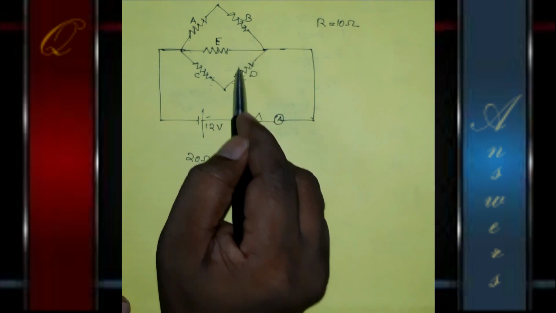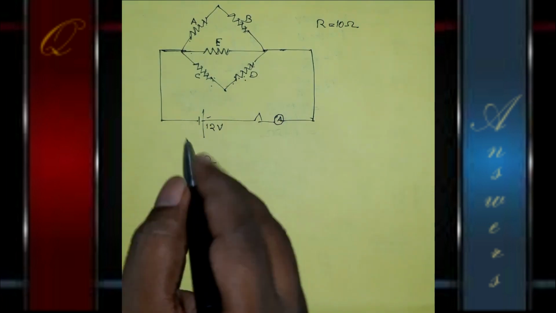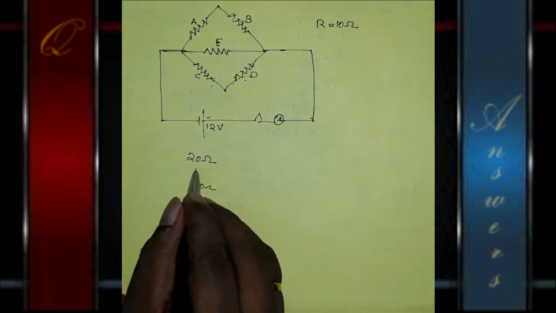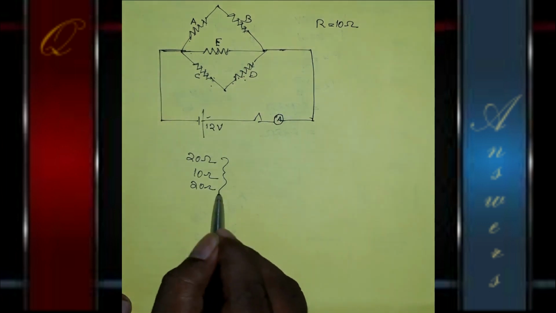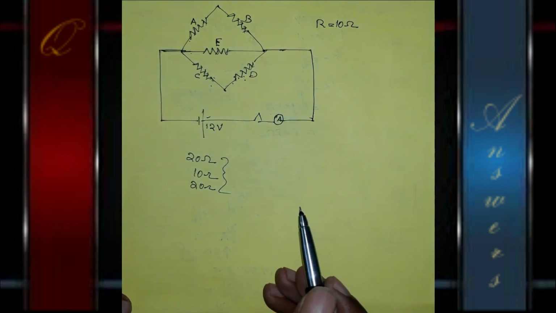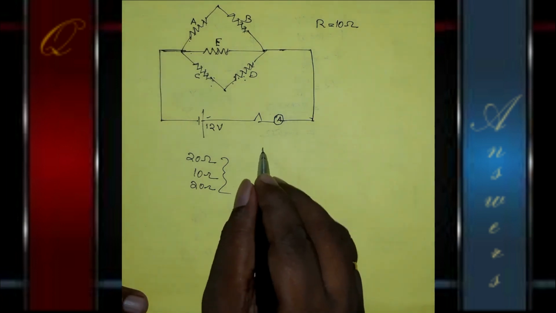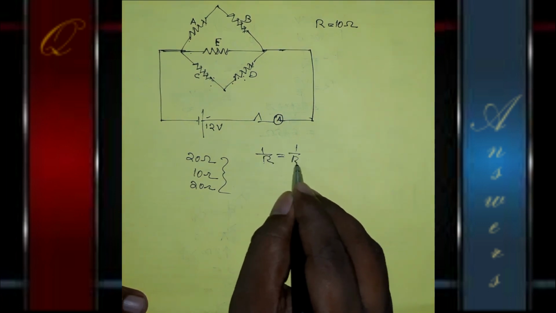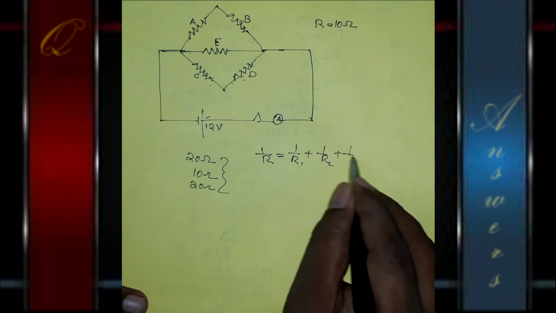These 3 branches are connected in parallel. So you may calculate their total resistance. That is 20 ohm equivalent value, this 10 ohm, then this 20 ohm equivalent value. These 3 are connected in parallel. Then find out its equivalent resistance. Equivalent resistance is 1 by R is equal to 1 by R1 plus 1 by R2 plus 1 by R3.